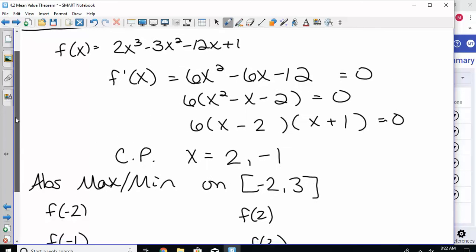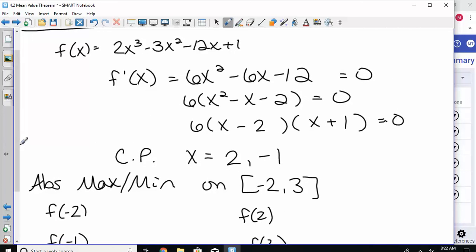So if you put a -2 in there, you get -3. If you put in a -1, you get 8.